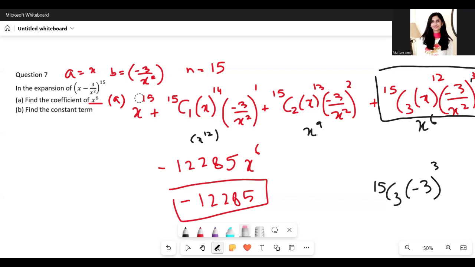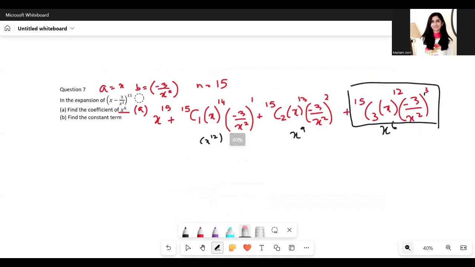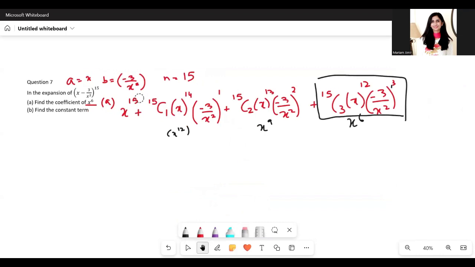A constant term is when there's no x with the coefficient; there should only be a number and no x. So this was definitely not the constant term, because this was x power 15. The next one was x power 12, the next x power 9, then x power 6, and probably the next one is going to be x cubed. And then after that, we're going to get the constant term.